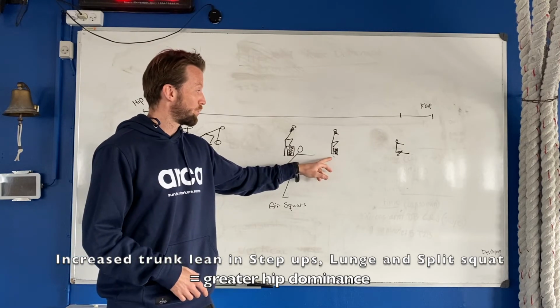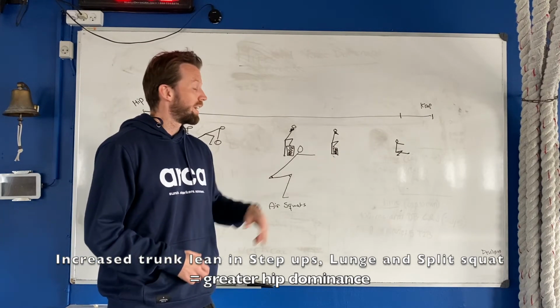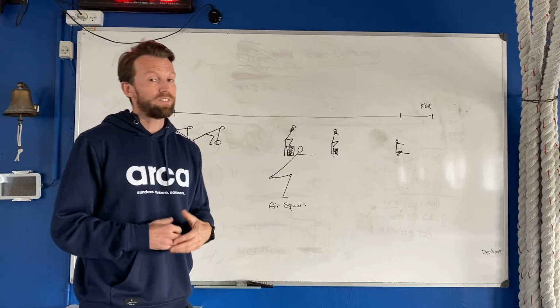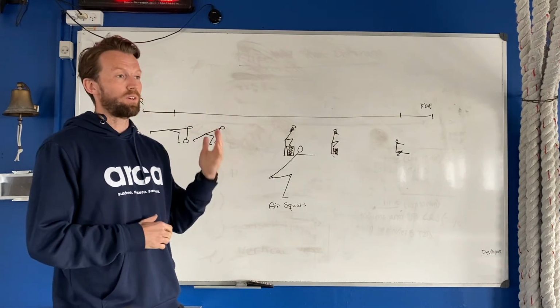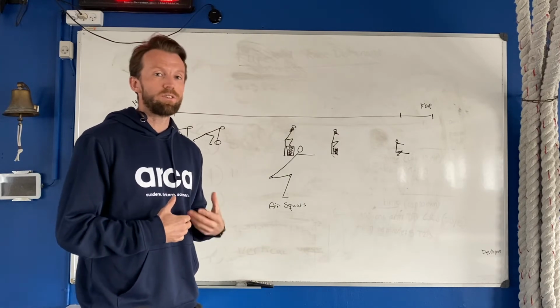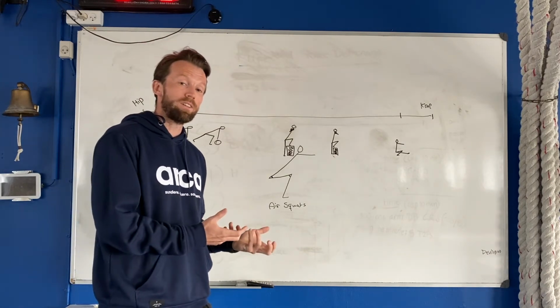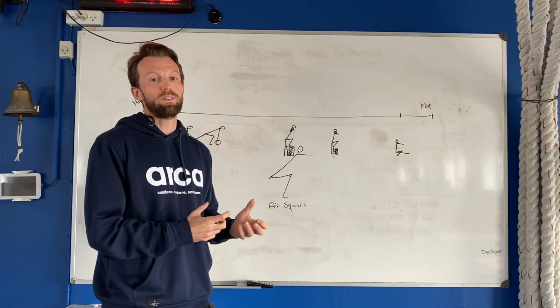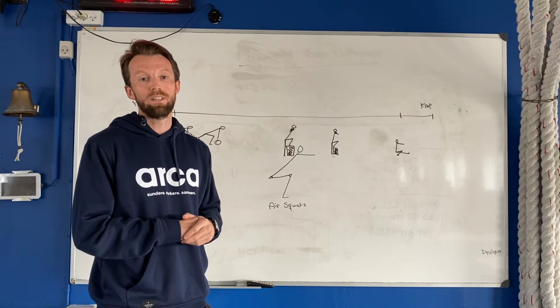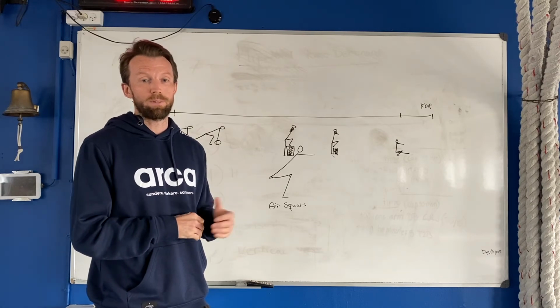But you can also choose to do a step up with a very knee dominant style. And the same goes for Bulgarian split squats and lunges. The amount of hip flexion you choose to use relative to the amount of knee flexion is what determines how hip or knee dominant the lunge or the split squat is.